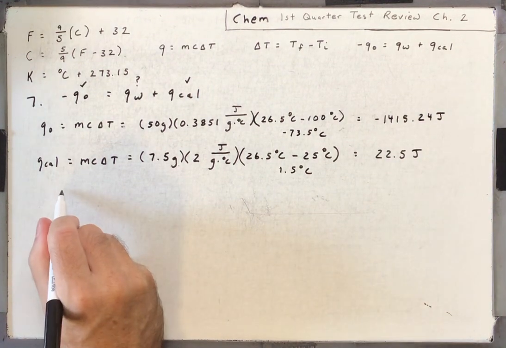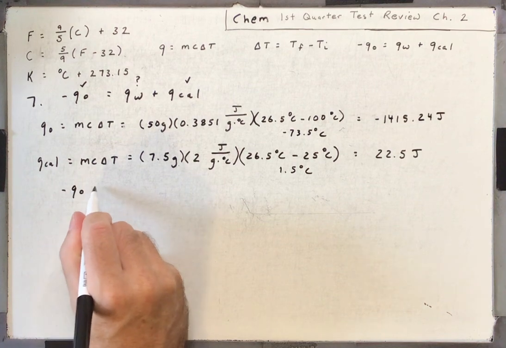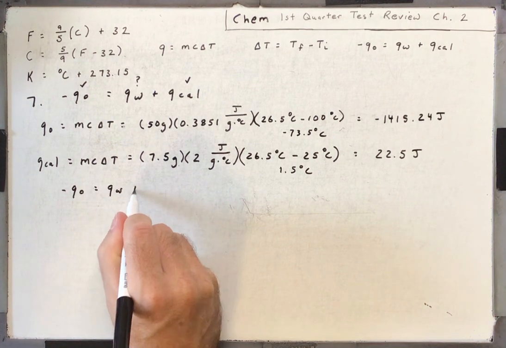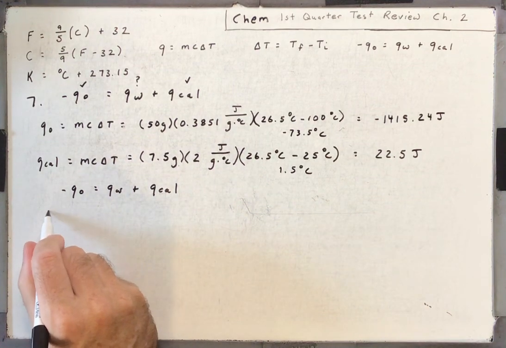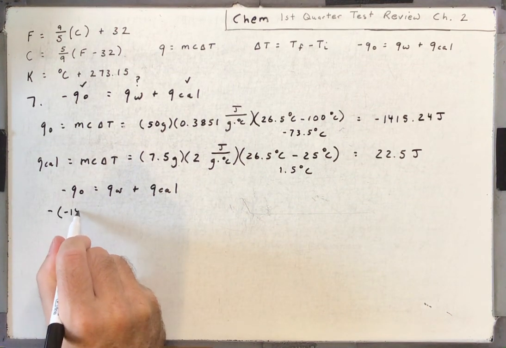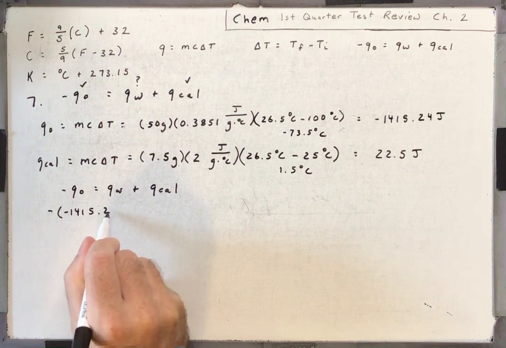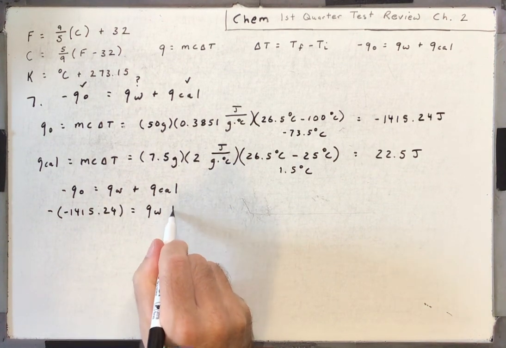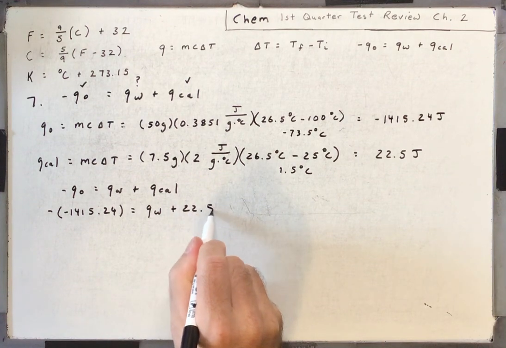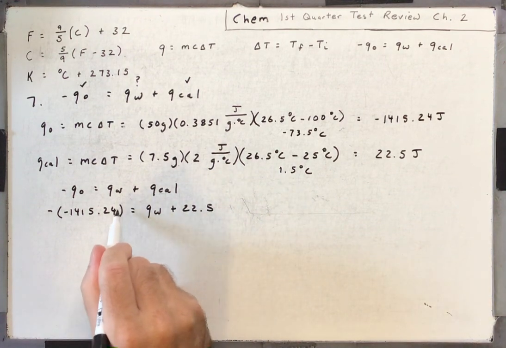So now we can do minus Q of the object is equal to the Q of the water plus the Q of the calorimeter. That's going to be minus 1415.24 is equal to the Q of the water plus 22.5, and those are joules.